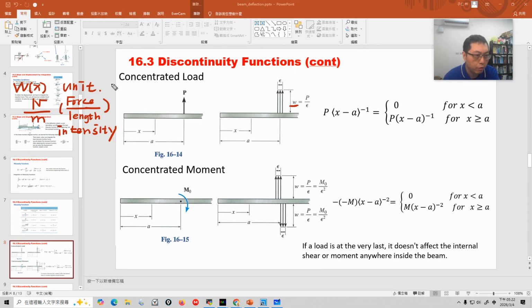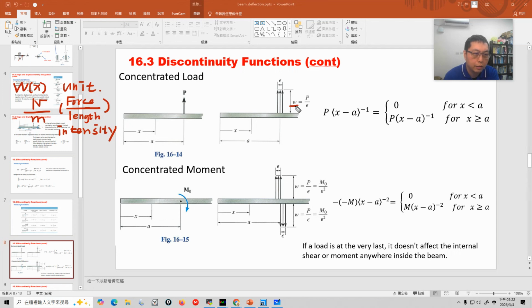Let's go back to the concentrated loading at its position here. We can see the concentrated loading as this force acting on a tiny length called epsilon.